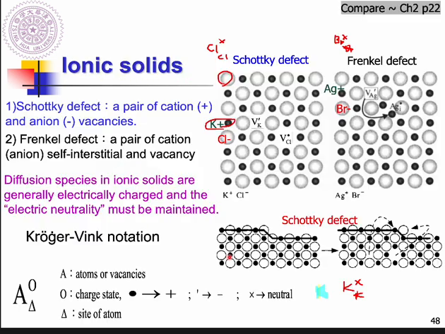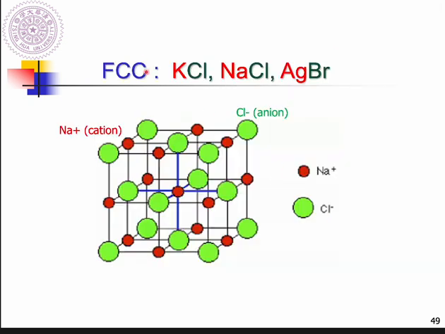So next, because the case is potassium chloride or silver bromide, actually they are FCC. So I just grabbed the figure that represents the FCC for sodium chloride. Chloride will be the anion, shown in green, so it will be a typical FCC here.